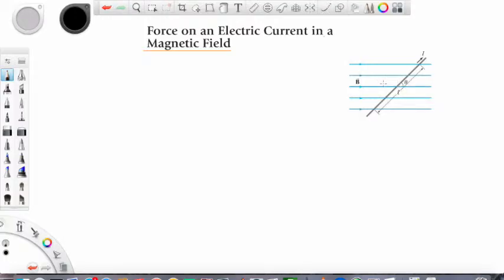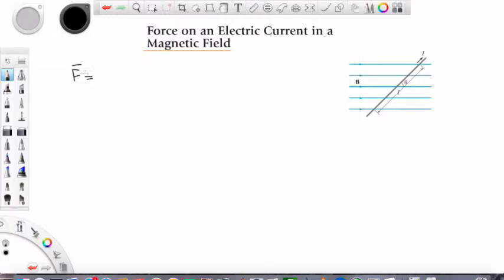You might be tempted to think that the conductor would align itself with the magnetic field line, but that is in fact not the case. The situation is different from electric fields, where the force was along the electric field lines. But in the case of the magnetic field, the force is given as follows.